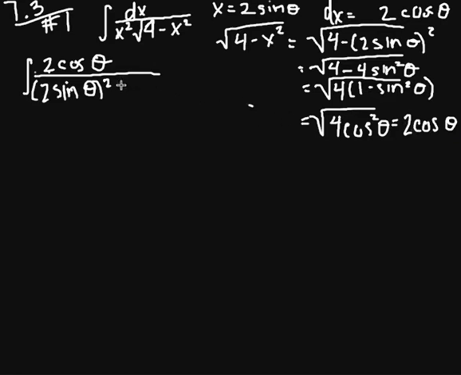So we're going to plug that in here. Okay, now before we go to solve the integral, we see that we have a 2 cosine theta in the numerator and a 2 cosine theta in the denominator, which will cancel. So we can actually get rid of that right now before we go ahead and continue solving.